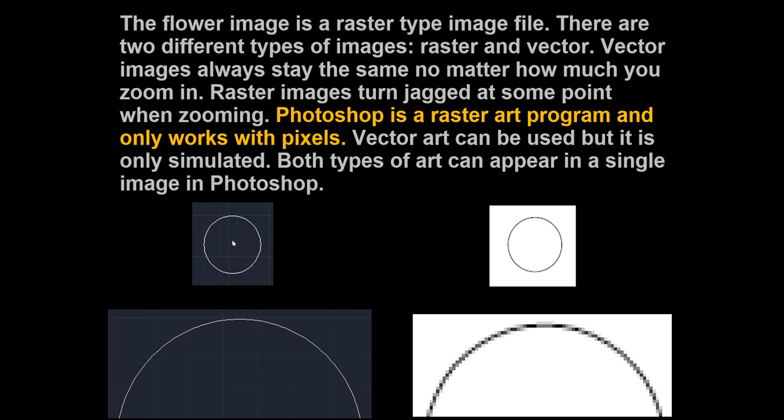As I zoom in on this circle in AutoCAD and refresh the screen, you can see that the line stays straight and clear, and I could keep zooming over and over again, and the line would always be a simple, clearly defined line. When we zoom up on this circle, you start seeing that pixelation. You start seeing the little different pixels show up with the different elements of color. If you see it from far enough, it looks like a solid line, but it really is made up of different colored squares.